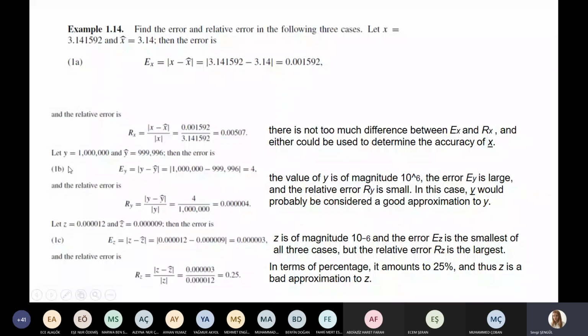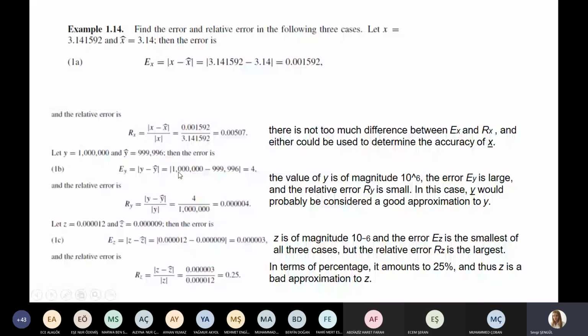But let's look at the B part. Here we have a value of 1 million, and instead of 1 million, we will take this one as 999,996. Let's say it like that, that's an easier way to say it. To find the absolute error, you take the difference between these two numbers, and the difference is 4.